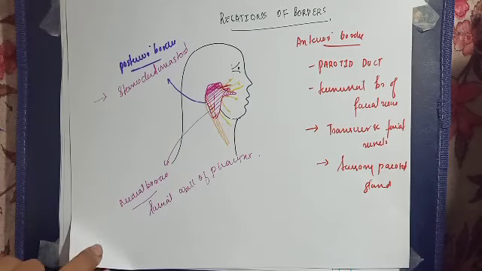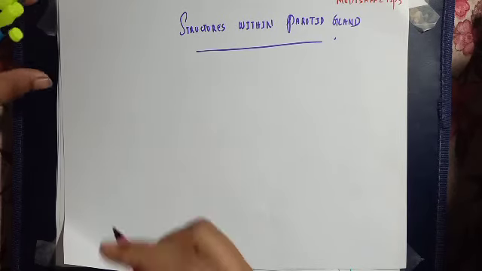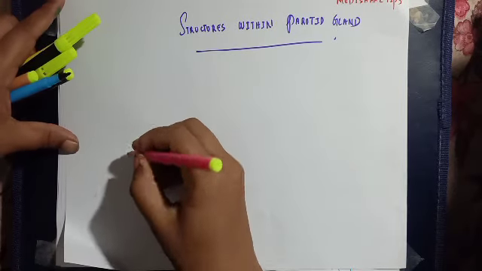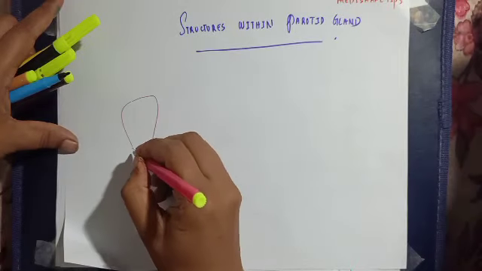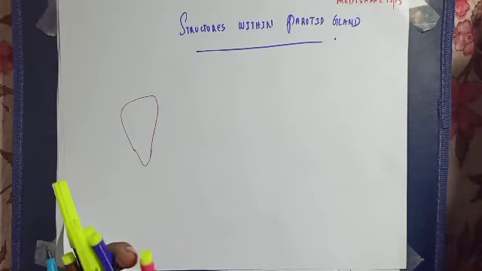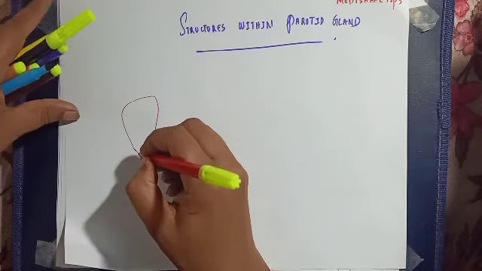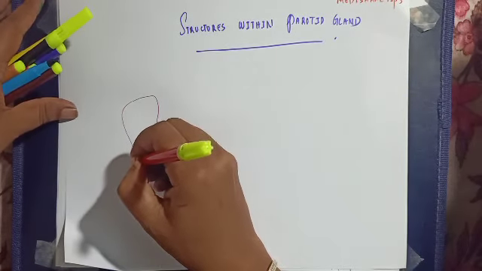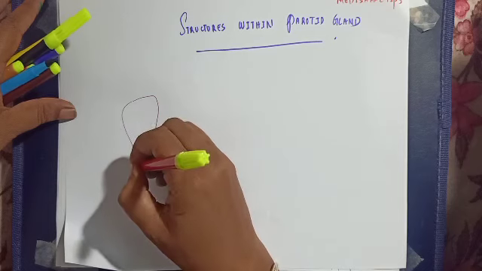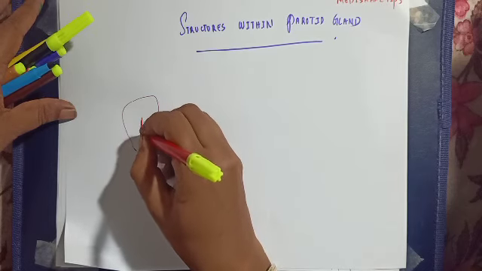Now which are the structures within the parotid gland? Now we'll see the structures which are located within the parotid gland. We know that the external carotid artery passes into the gland from the posteromedial surface like this.